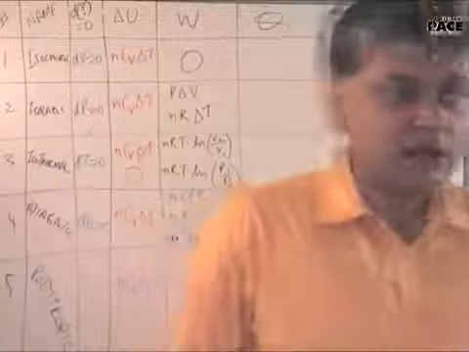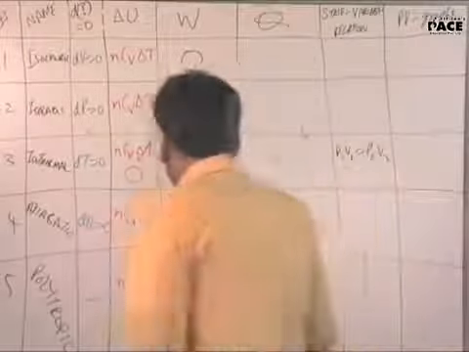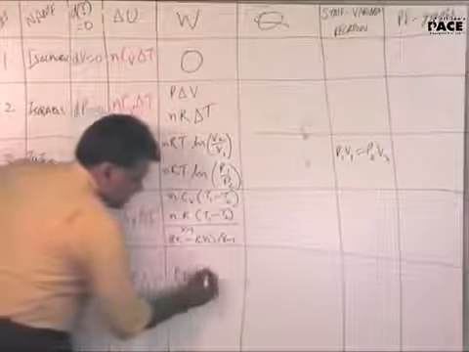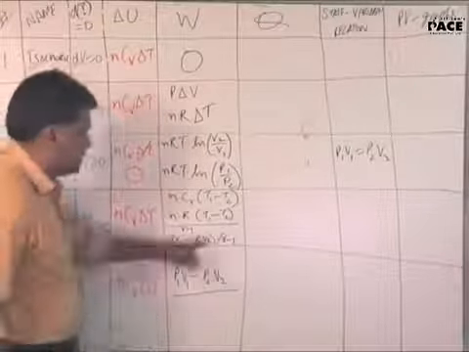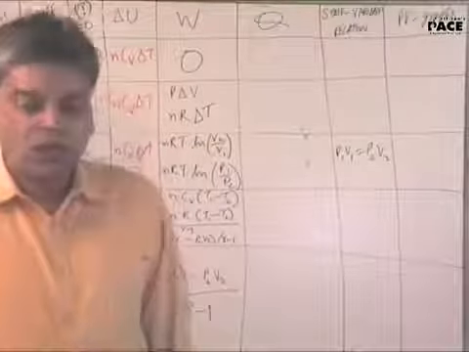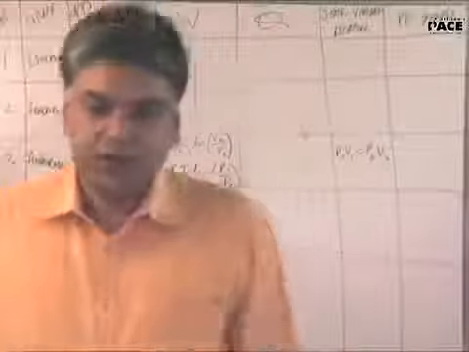Although what you are saying is right, I would like to derive it formally in another way. Remembering it that way is fine. Maybe we can write it down and derive it a little later. P1 V1 minus P2 V2 by gamma is valid for this part, and instead of gamma, replace it by beta. Instead of having P V to the gamma as constant, we are having P V to the beta as constant.